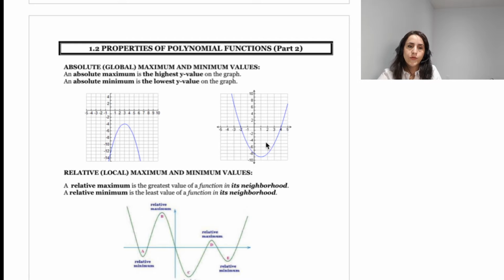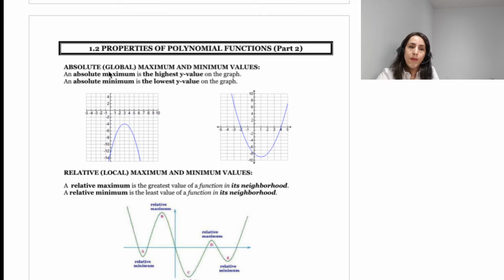Before starting to talk about the turning points, I'd like to review whatever we learned before. It's about the maximum and minimum values. Technically, in a general way, we name them turning points or extreme points when we do not want to specify if it's a maximum or minimum.